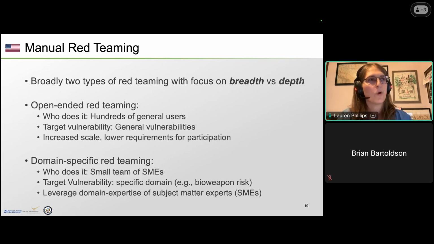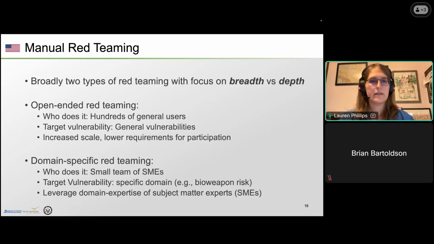If you want to do open-ended red teaming, the goal is to bring in a large number of individuals and target just general vulnerabilities, discover as much as you can. And so this is one way to really increase the scale by lowering the requirements for participation. You can open it up as a larger activity to let anybody that you approve of have access to your system and try it out and see what they're capable of doing with it.